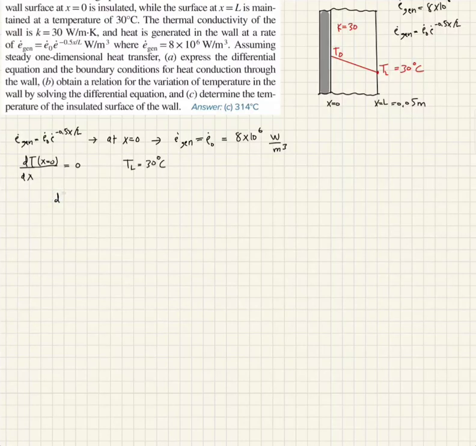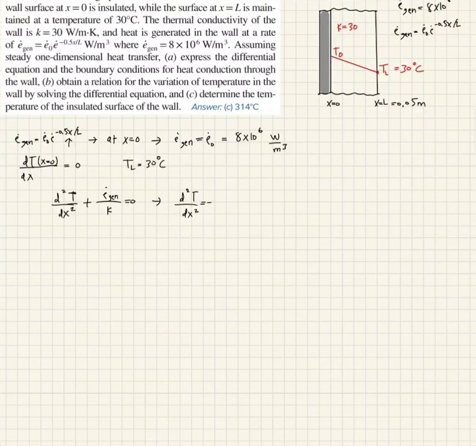So we're going to write the general form of the differential equation for a wall with heat generation: d squared T over dx squared plus E dot gen over k equals 0. Before we integrate this, because in E dot gen we have this x term, we cannot just take E dot gen as a constant. We have to integrate E dot gen as well.